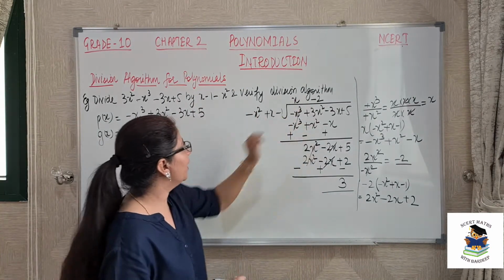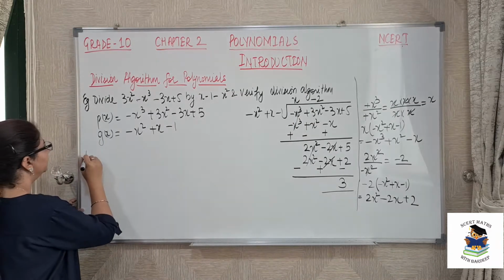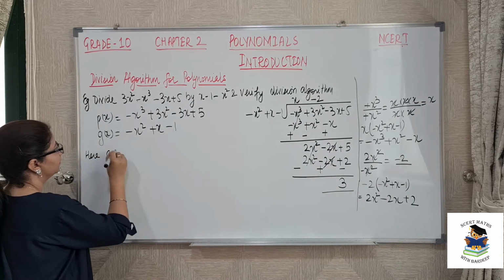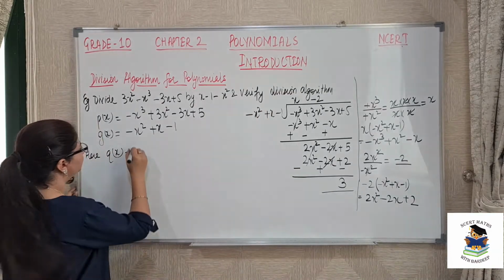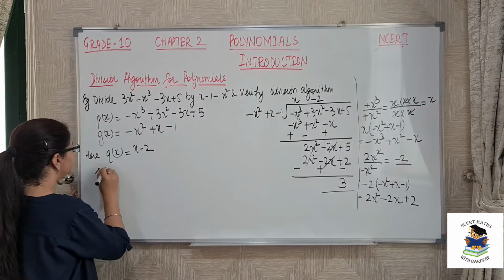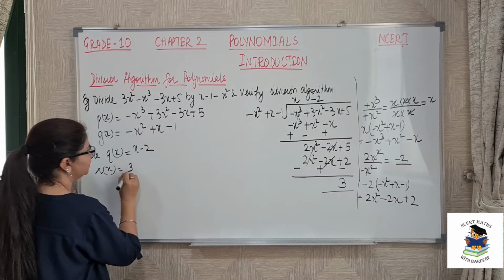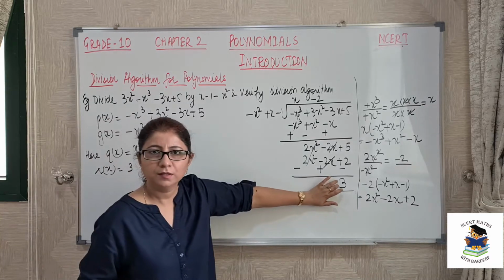Okay. So now what is quotient? Here quotient is x minus 2. And what is remainder? This is 3.